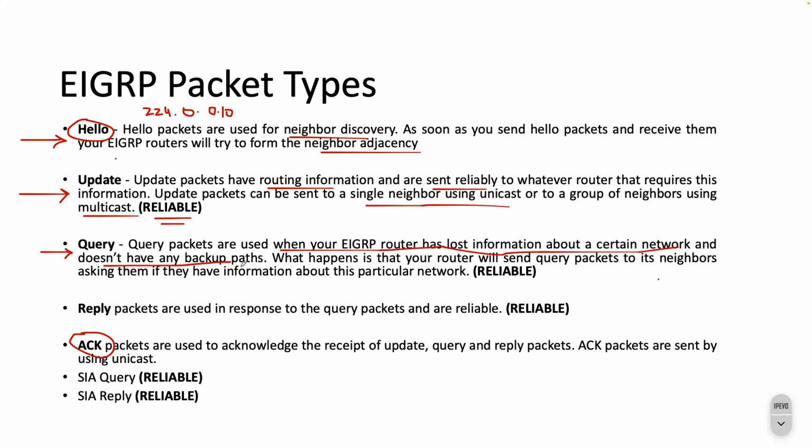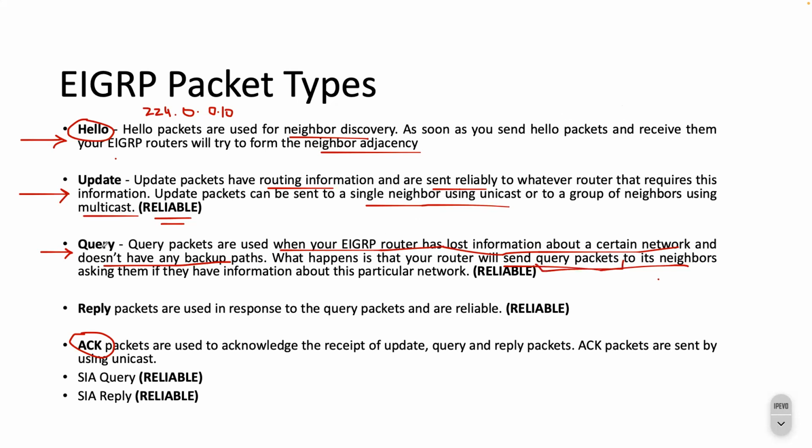From your topology table. If in your topology table you also do not have any backup path, then it will send query packets to all its neighbors, and it will wait for a certain time to get the response from all its neighbors against all the query packets it has sent.